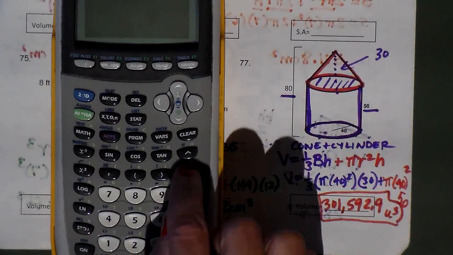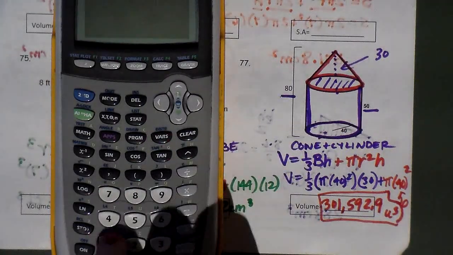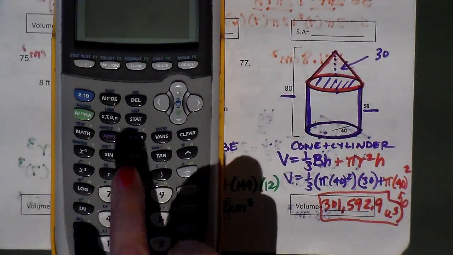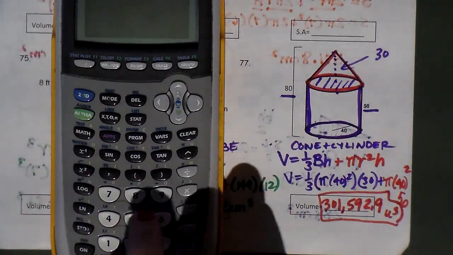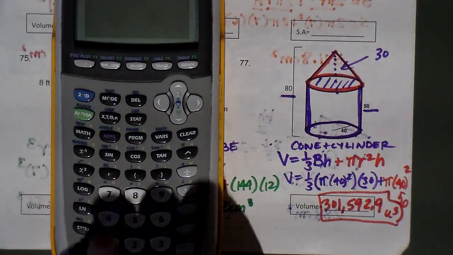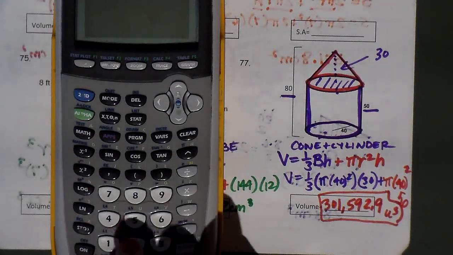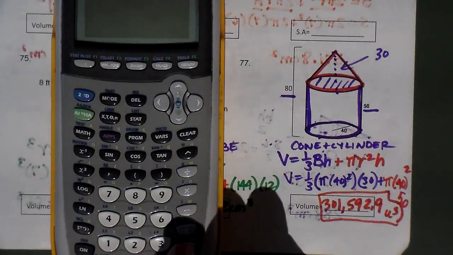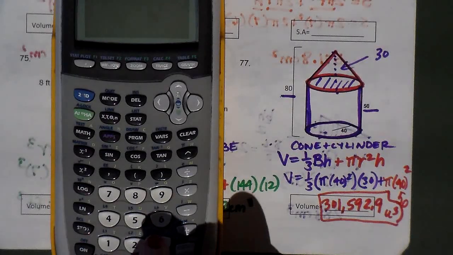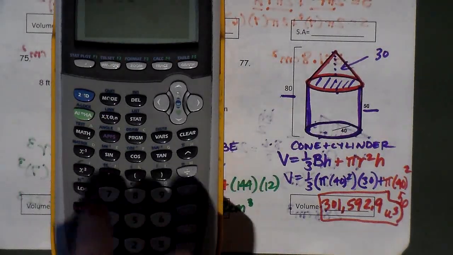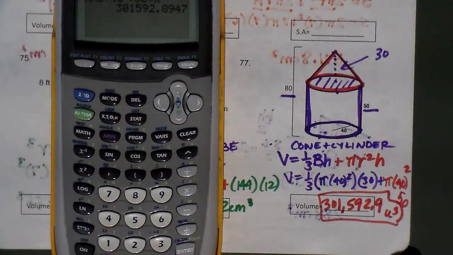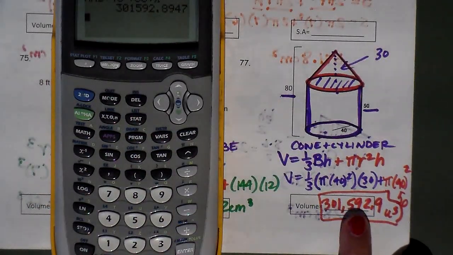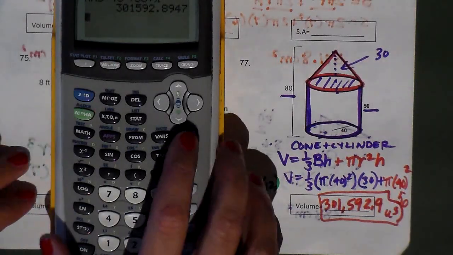Let me try it this way: 1 divided by 3 times pi times 40 squared times 30 plus 40 squared times 50 times pi. Yep, 301,592.9. We're correct. Okay, and that's it.